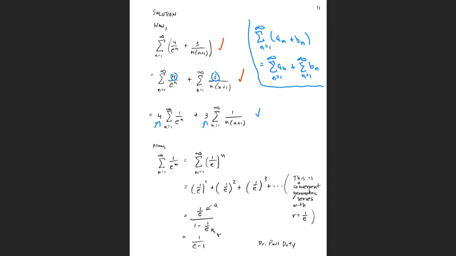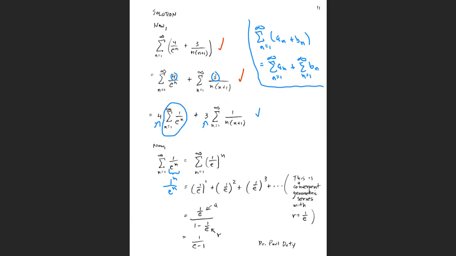Okay, so hopefully everything's good so far. Now what we have are two series that we have to deal with. Let's deal with this series first. The 1 over e to the n in that series can be thought of as 1 to the nth power over e to the nth power.